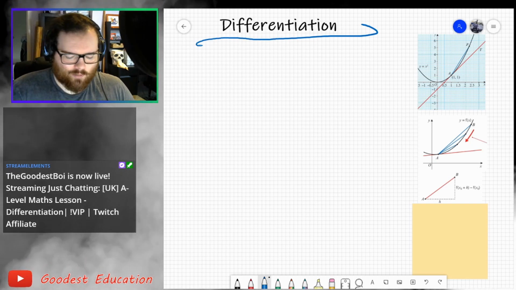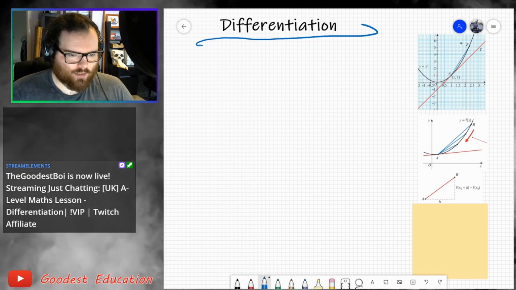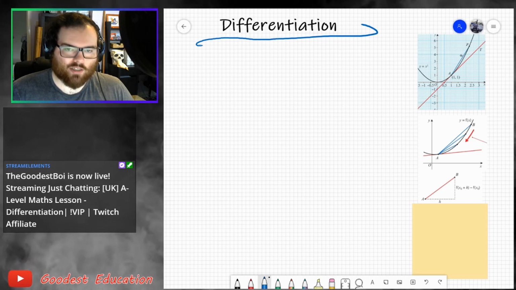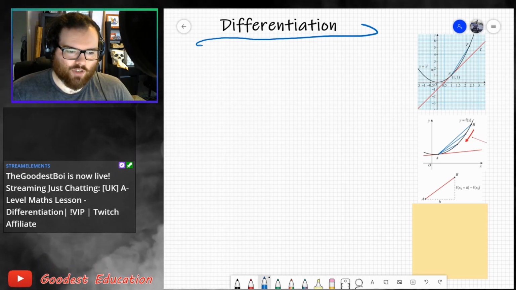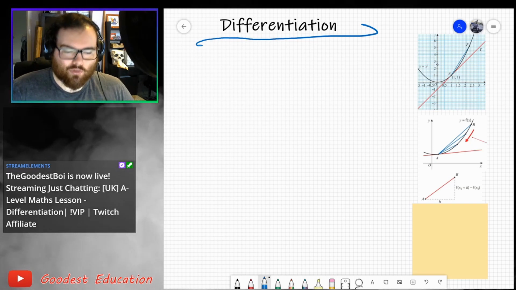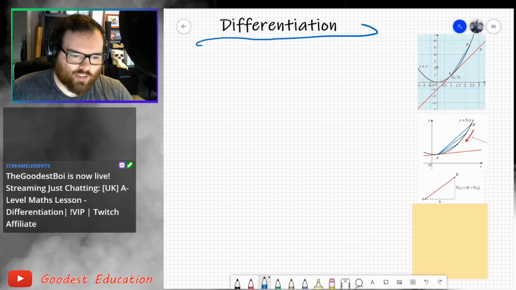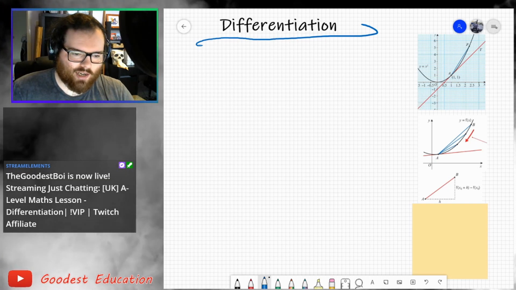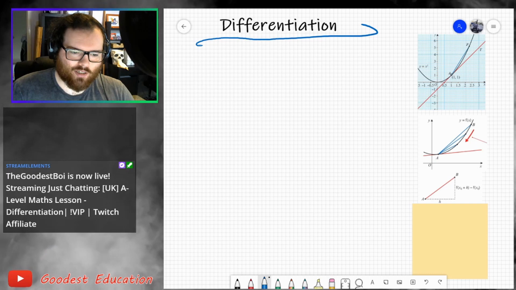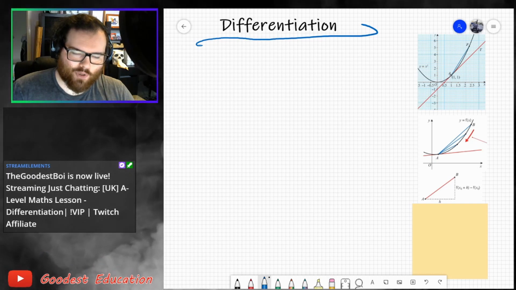At GCSE, people learn how to find the gradient of a function. So there's a function y is equal to x squared. You'll find a gradient along this curve by basically trying to draw the tangent, this red line here, at any point, and trying to get it to go through that point and match the gradient at that point as well as you can.